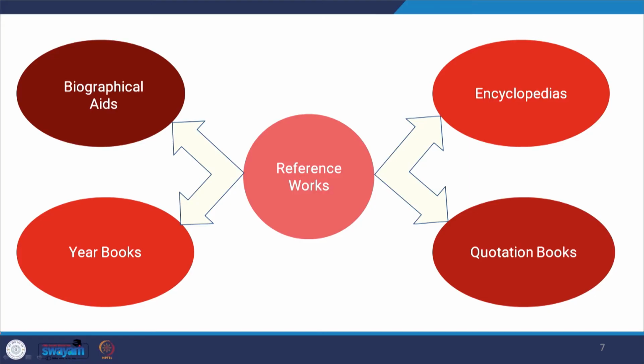In that case you can right away go to the reference section where you will get information regarding several biographies and autobiographies. At times you can also get yearbooks if a person is conducting research in economics and wants to show the economic trends of every year. If a person is going to deliver a talk on population control over the years, naturally these annual yearbooks will be of great help.